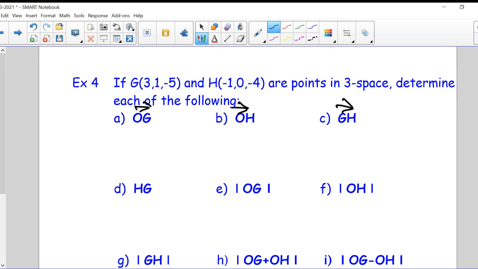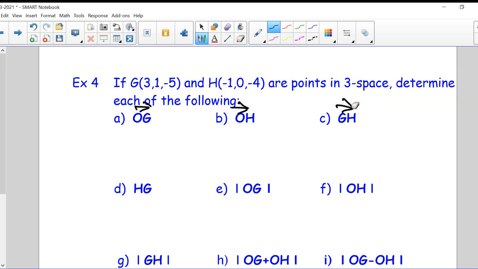So what's the OG vector? What would be considered the OG vector? OG doesn't stand for anything else except what we're dealing with in math here. What's the OG vector here, folks? Remember, the G point is at, there you go, right?